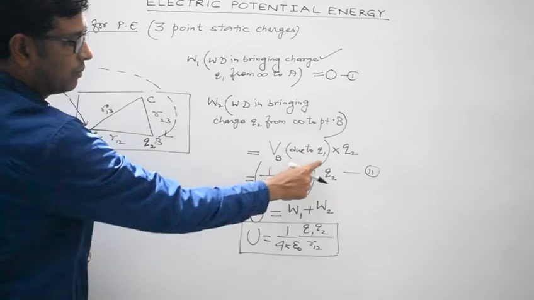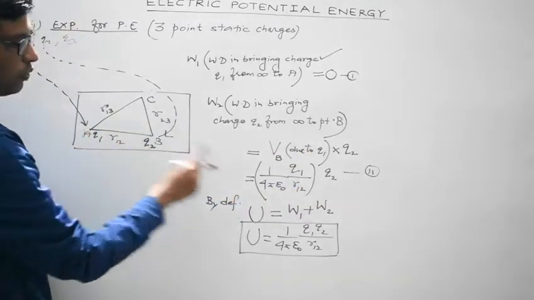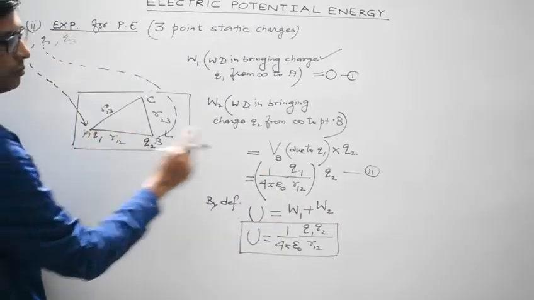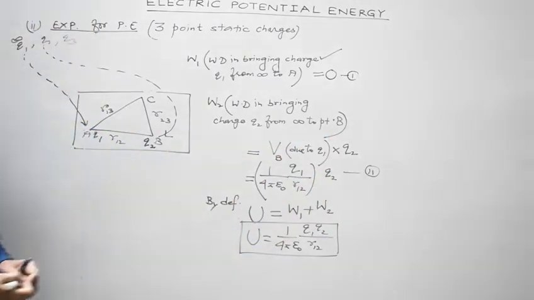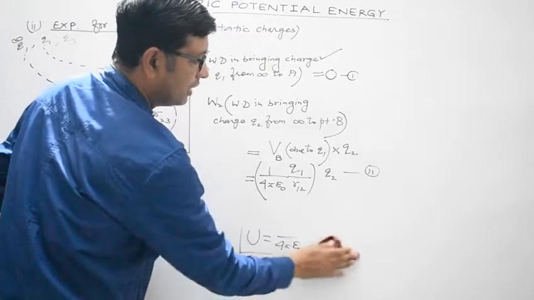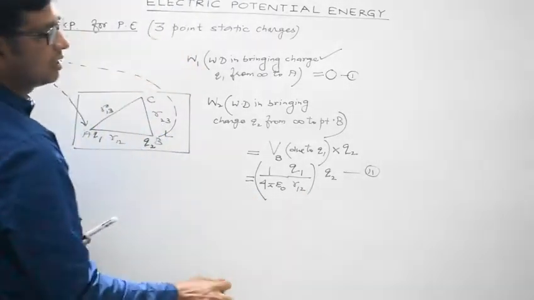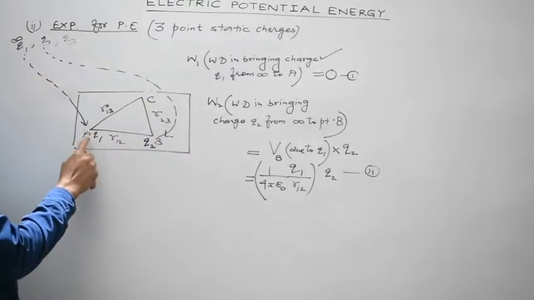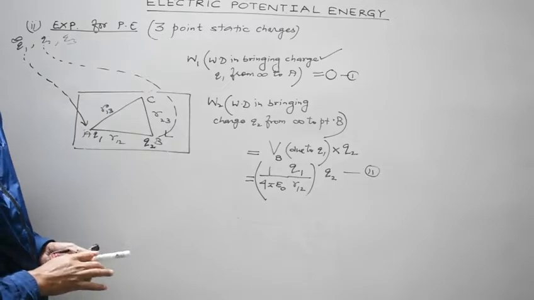So potential at point B due to charge Q1 would be 1 over 4 pi epsilon Q1 by R12, this is the distance, multiplied by Q2. So this is the expression, right? So we have found the expression for the work done in bringing charges Q1 and Q2 from infinity to their respective positions A and B.